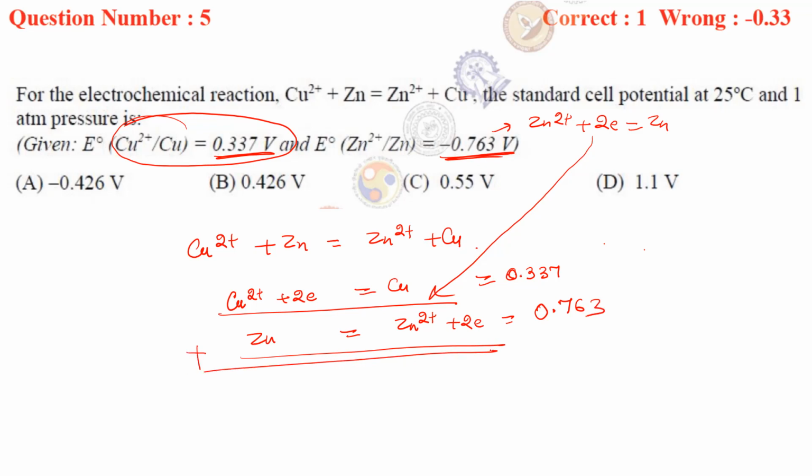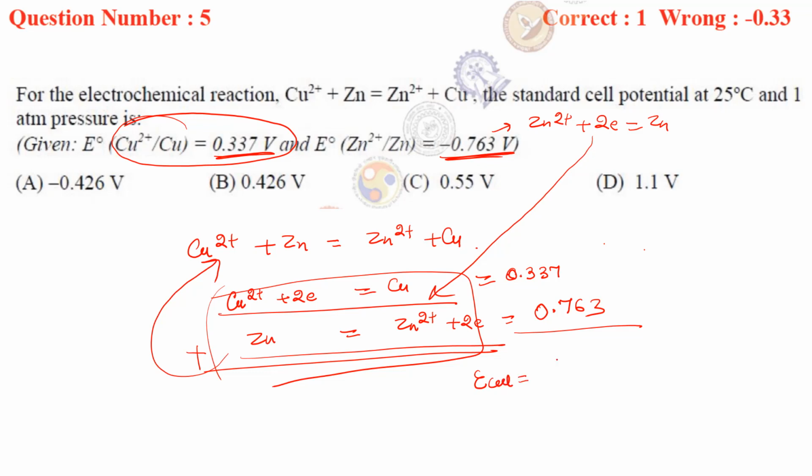Now we will add these two equations, and we get the final equation. To find the standard cell potential, we simply add the two potentials.